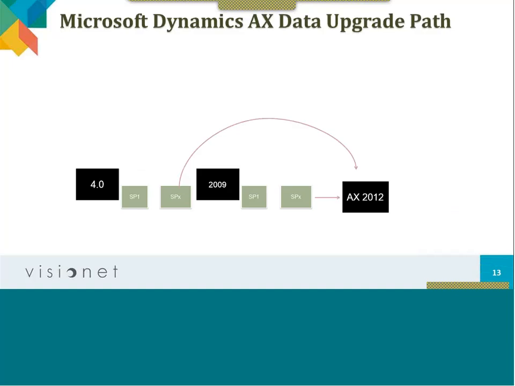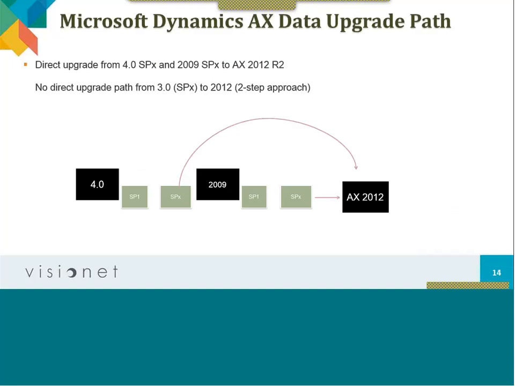Data upgrade. That's the most important one, because data is very critical. One thing we need to look at here is that if you're still using 3.0, there is no direct upgrade path from 3.0 to 2012.